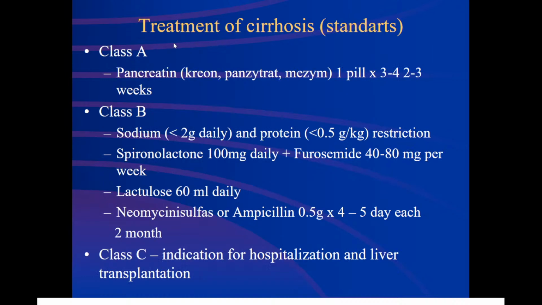What do the standards in treatment of cirrhosis include? You have to remember that we are speaking about not decompensated cirrhosis in a stable patient, because very commonly the pancreas is affected together with the liver in case of cirrhosis, so some pancreatic enzyme.